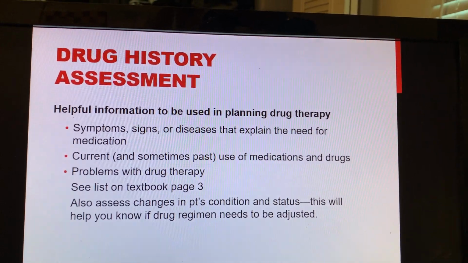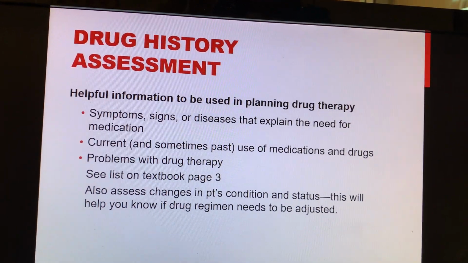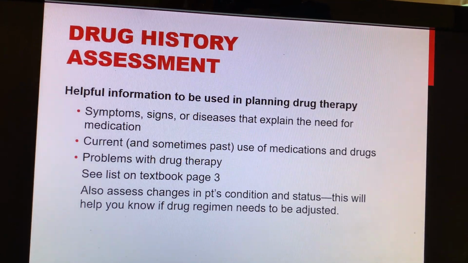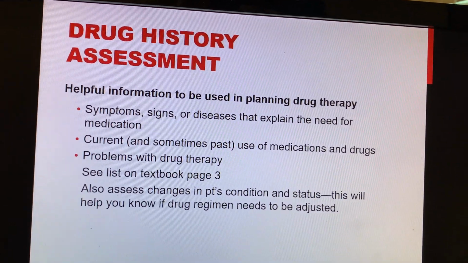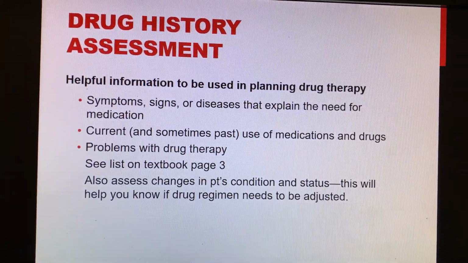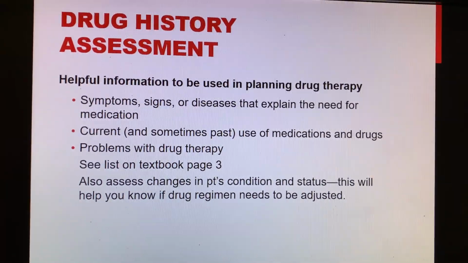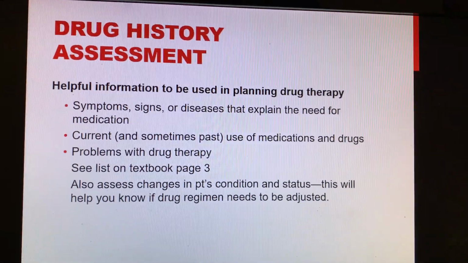You want to be aware of current use of various kinds of drugs and medications, sometimes past use, to determine maybe they've taken something that has not worked for them and now they need to take something else. And you want to know any problems with drug therapy.